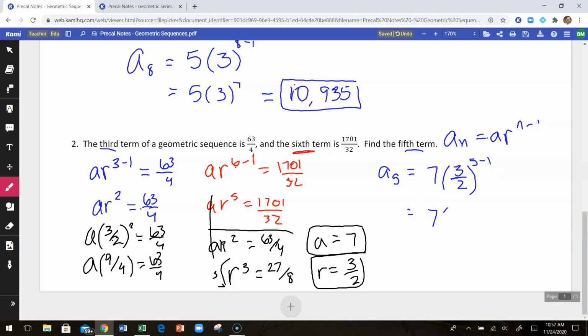That gives us 7 times 3 halves to the fourth. I'm going to use a calculator for that. That gives me 567 over 16. Again, you may have to use a system of equations to figure out the values of A and R. Once you have those, you can find the value of any term in that sequence.